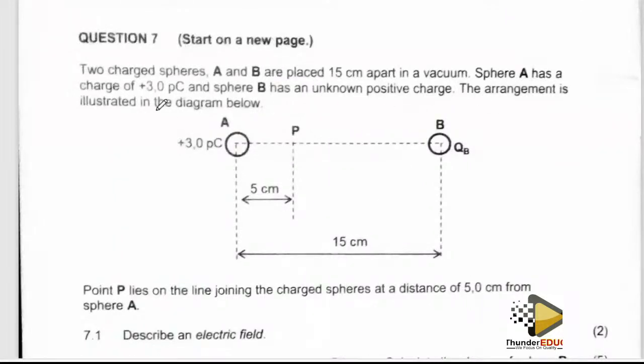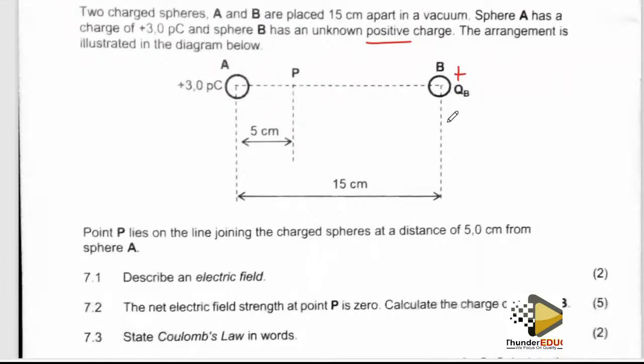Sphere A has a charge of positive 3 pC, and sphere B has some unknown positive charge. The arrangement is illustrated in the diagram below. Then they tell us that point P lies on the same line joining the spheres, at a distance of 5 centimeters from A.